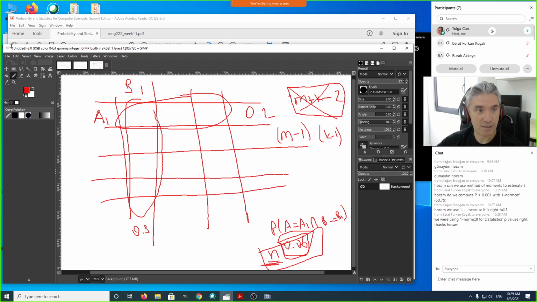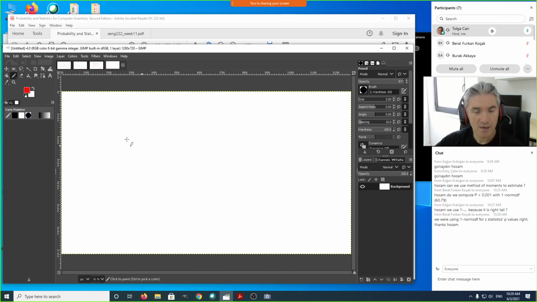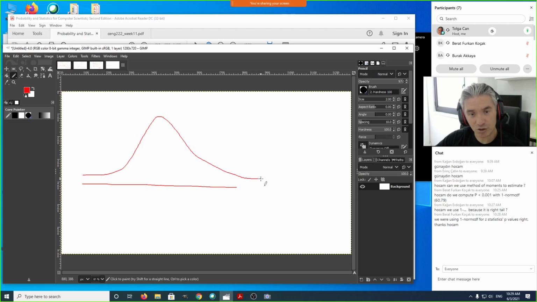So again, let's take a look at that. In the case of a z-test, and after that we're going to have our break. If it was a z-test against the normal distribution and it's a two-tail test, the p-value could be on both sides.